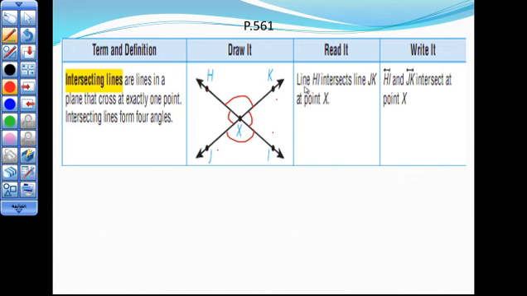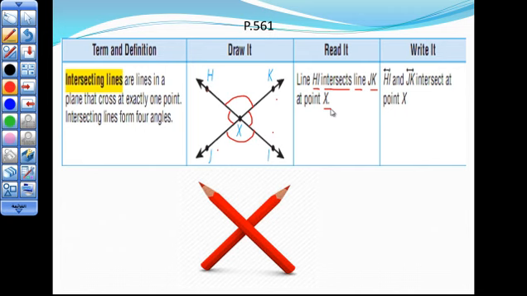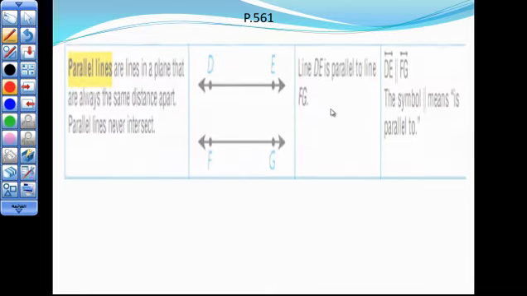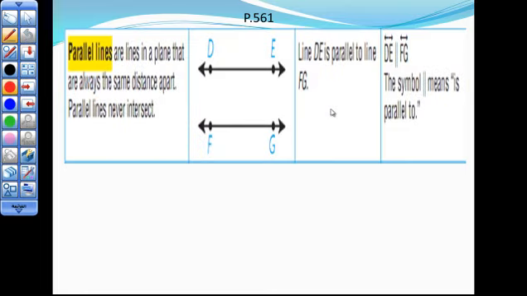Look at this. When you want to read it, line HL intersects line JK at point X. Do you remember that? Yeah, I remember this picture. Two intersecting pencils. Let's go. Here, parallel lines.